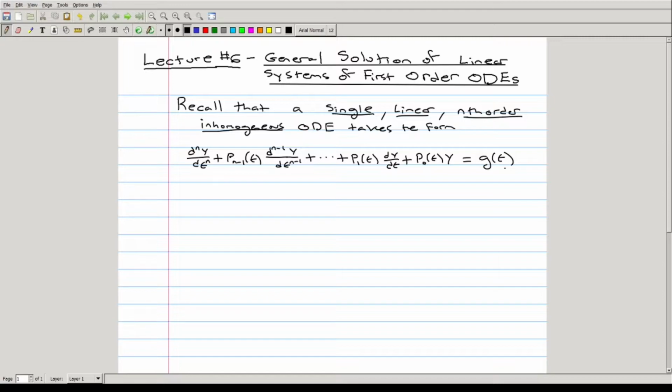So this is what any general single linear nth order inhomogeneous differential equation will take the form of.